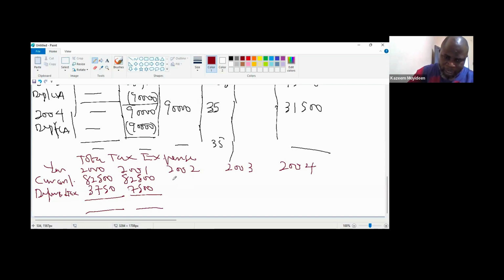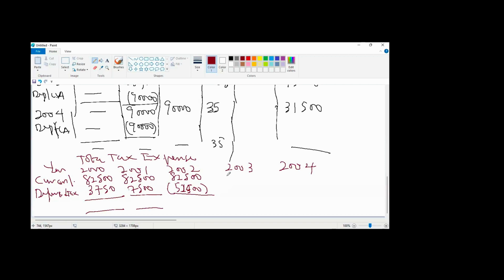Then in 2002, 52,500, but there is a credit of 52,500. So you can go and study the meaning in the solution.